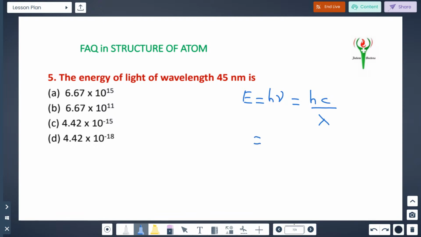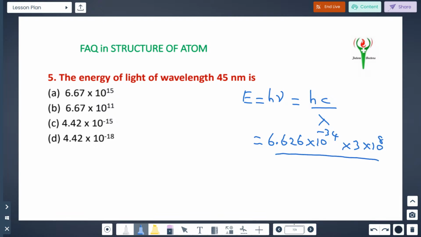H is called, I already told you, Planck's constant. So 6.626 into 10 power minus 34. Light is given, so we must know the velocity of light. Velocity of light means 3 into 10 power 8 meter per second, divided by lambda.